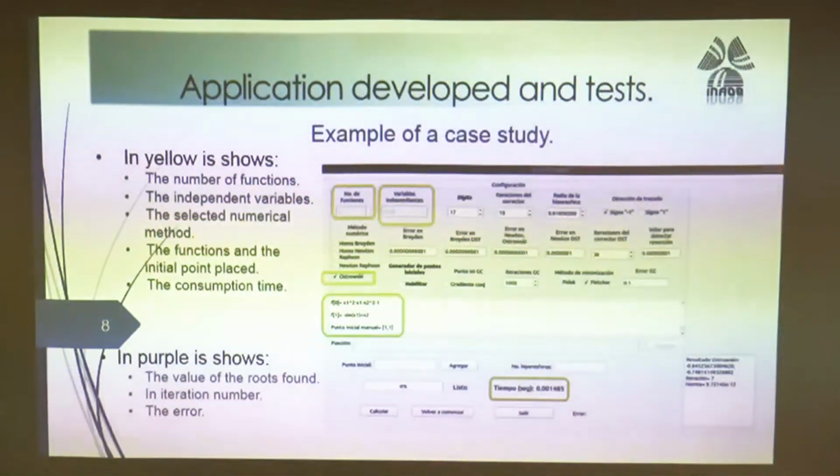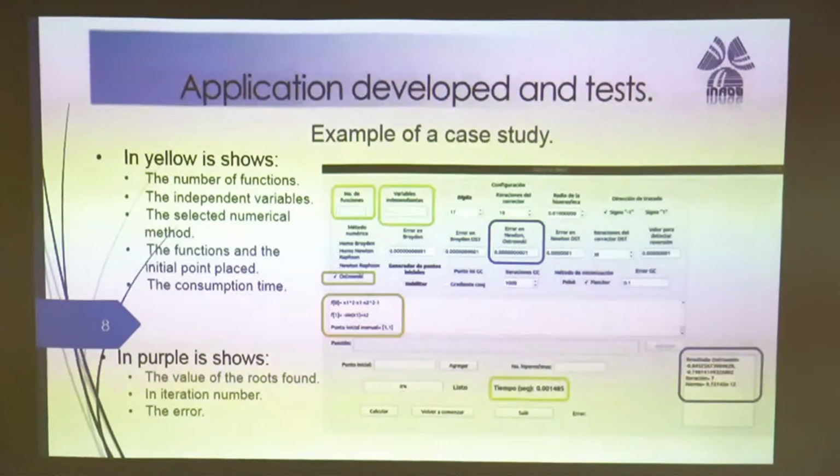The result is shown in purple. Here you can see the value of the root found, the iteration number, and the error.